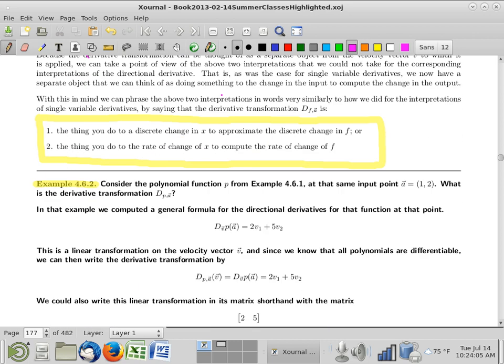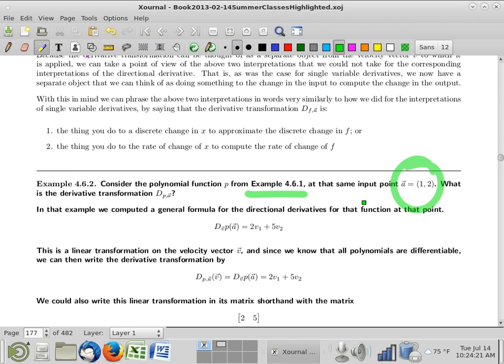Okay. So these are those same statements, just said in words. Right. So the first example here is just an observation. We've already kind of realized this in a previous example. We were looking at that point, and we tried to compute the directional derivatives as a function of the velocity vector, and we went through, and there were some details I left for you guys, but here was the punchline. There's a linear transformation that represents all these directional derivatives.